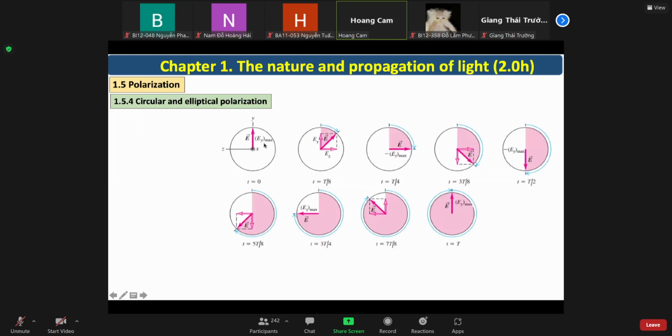You see we have the Cartesian coordinates x, y, z, in which x is perpendicular to your monitor screen, and the light propagates to our eyes in the x direction here. This dot means that the vector is perpendicular to the page, to the slide, and goes to our eyes.